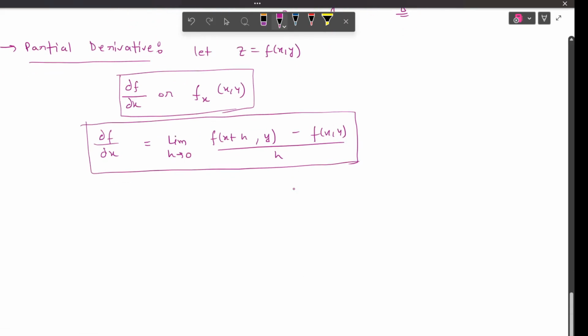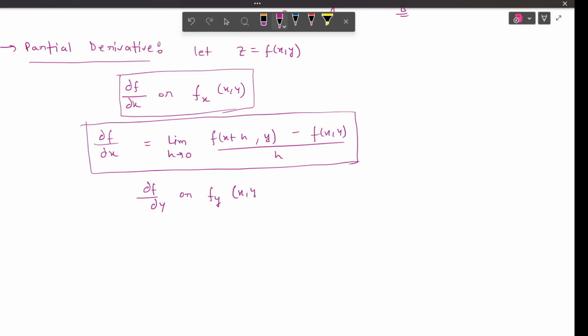Similarly, if we differentiate the function with respect to y, keeping x constant, we can denote this as delta f by delta y or f y of x comma y.